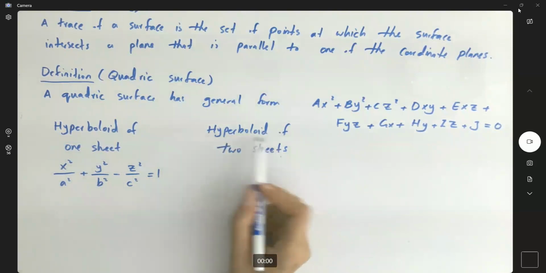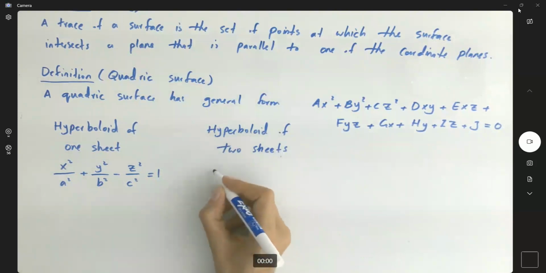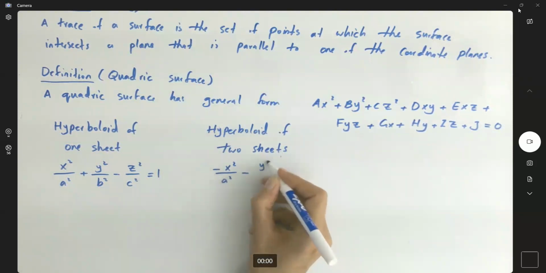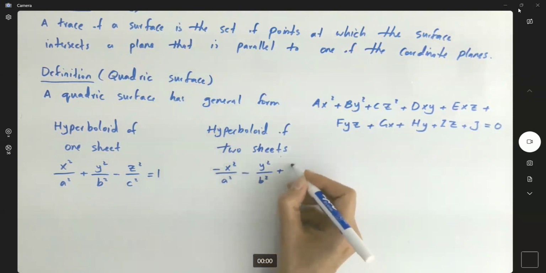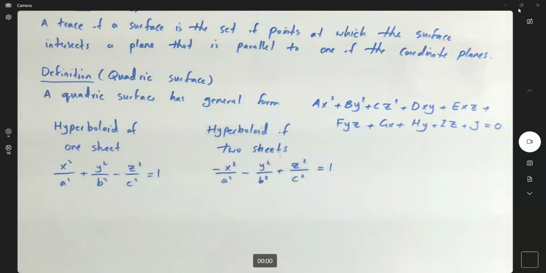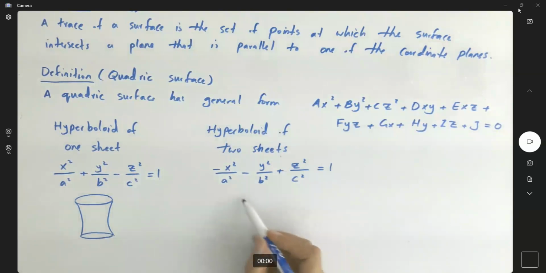And the equation of hyperboloid of two sheets in standard form is written as negative x squared over a squared minus y squared over b squared plus z squared over c squared equals 1. One of them has a graph of one sheet, and the other has two sheets as two separate surfaces of the following form.